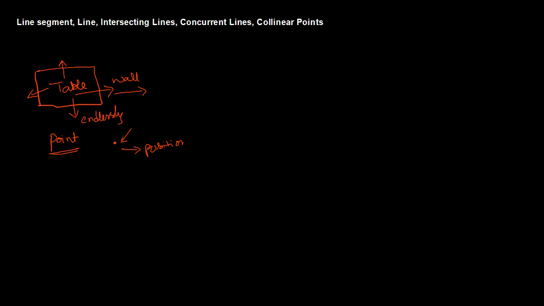Remember this, when I say position, it has a very wide meaning. Let me give you some examples. If I'm using GPS, what happens? GPS has a point. If you are somewhere, that's a point which is your location.